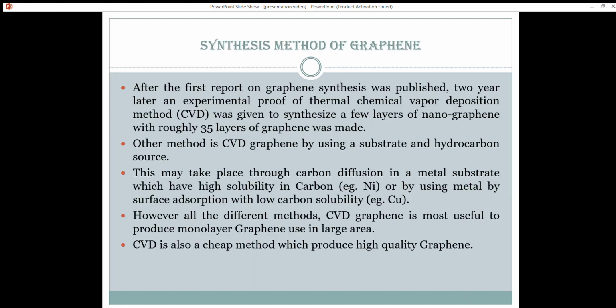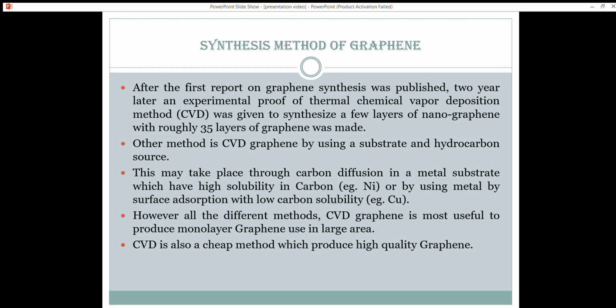Now we will see, after the first report on graphene synthesis was published, two years later an experimental proof of thermal chemical vapor deposition method was given to synthesize a few layers of nanographene, with roughly 35 layers of graphene made. Another method is CVD graphene by using a substrate and hydrocarbon source.